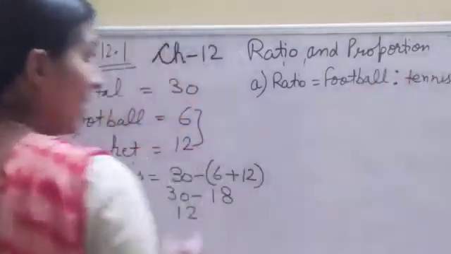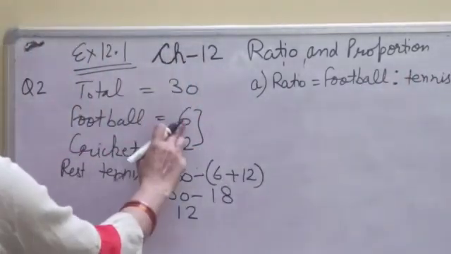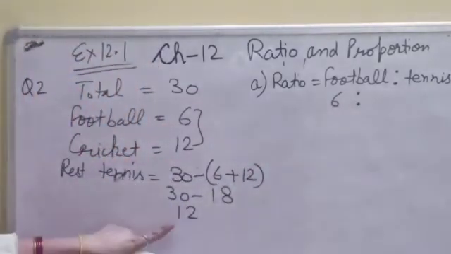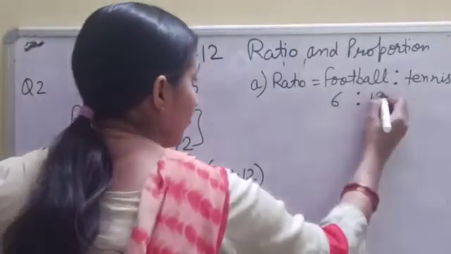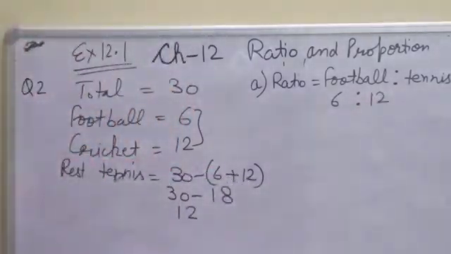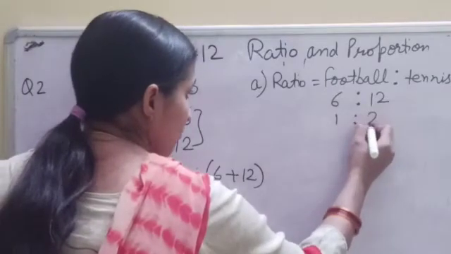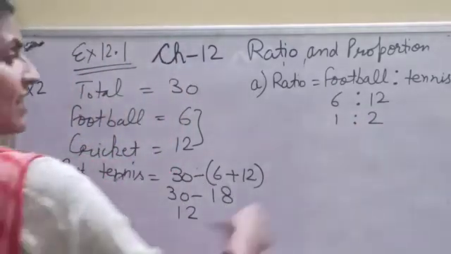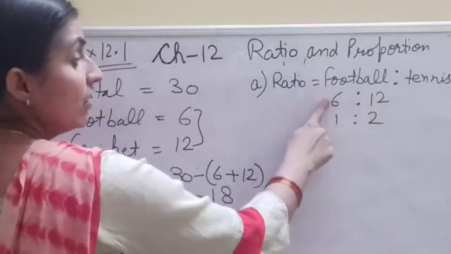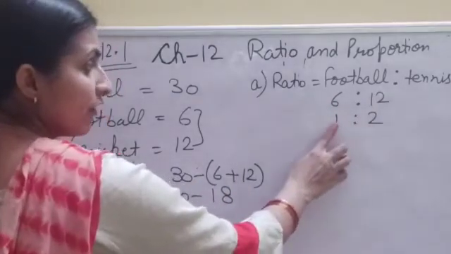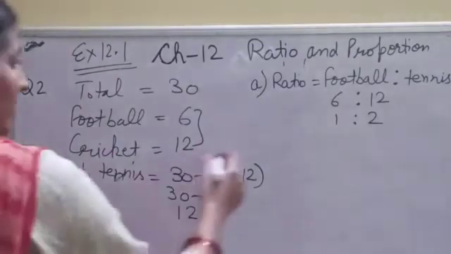So this way we will compare. Football is 6. So 6 ratio 12, cut by the same number. 6 ones are 6, 6 twos are 12. Or we can say these are twice of the football students.